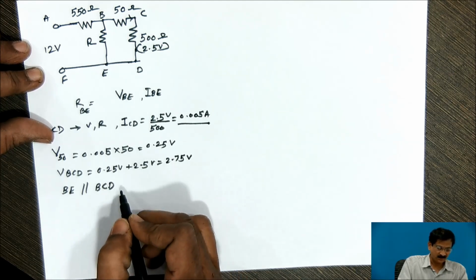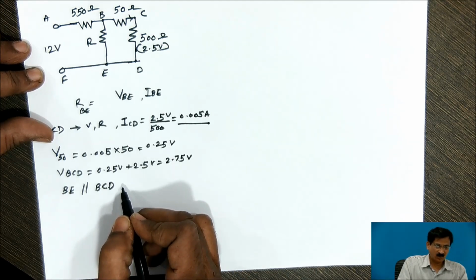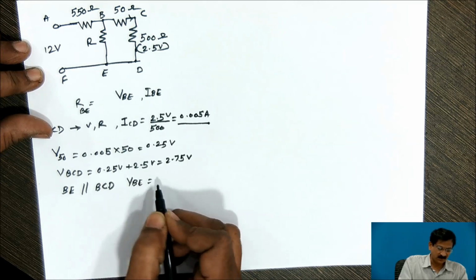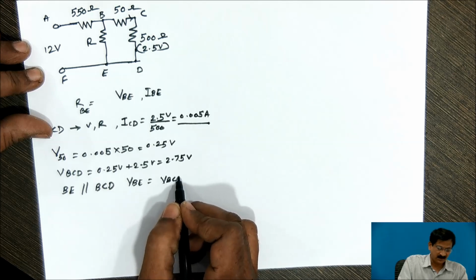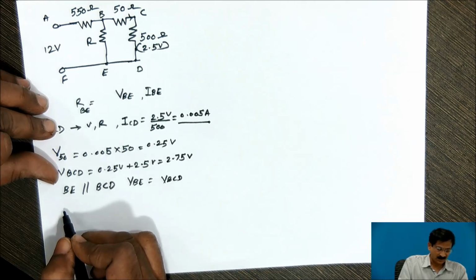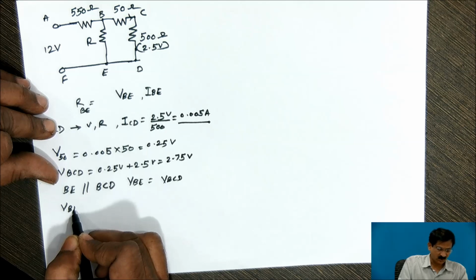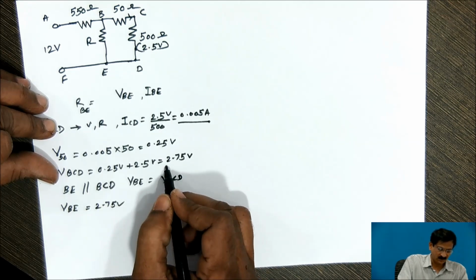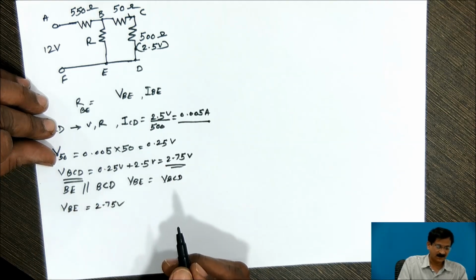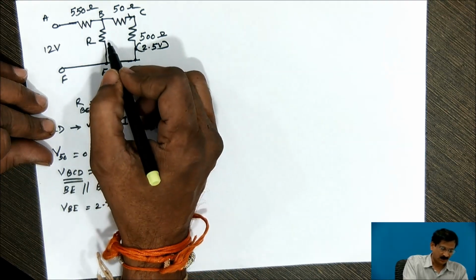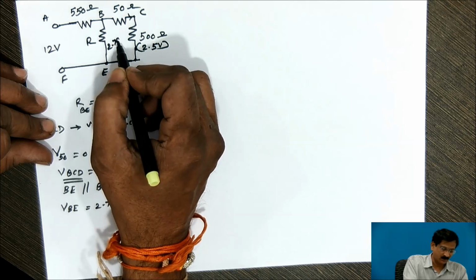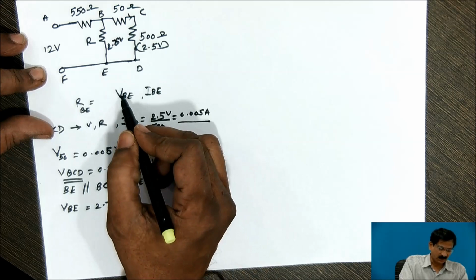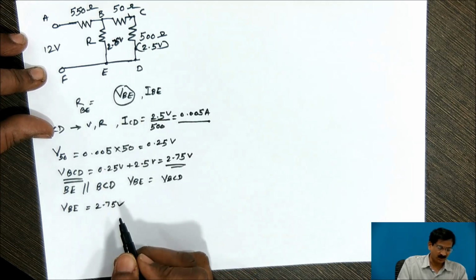It means that according to the property of parallel circuits, VBE must be equal to VBCD. Now I can write VBE must be equal to 2.75 volts, which is the voltage across VBCD. So here I got VBE as 2.75 volts.